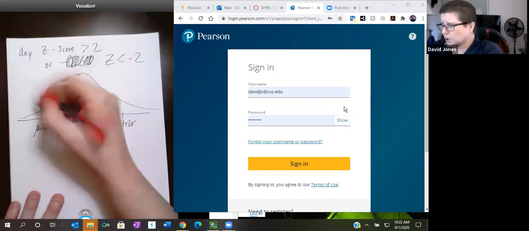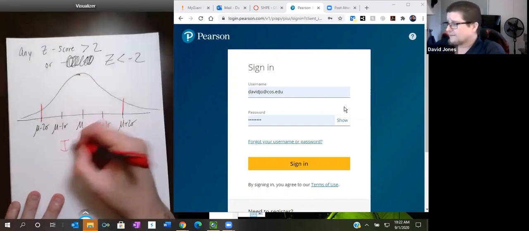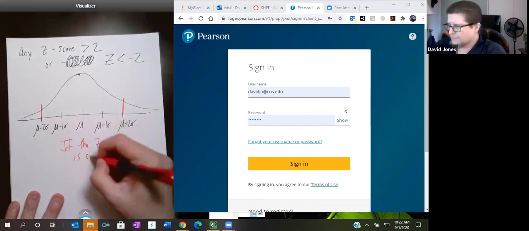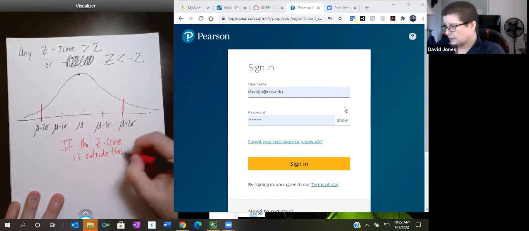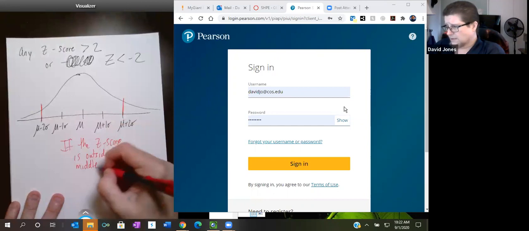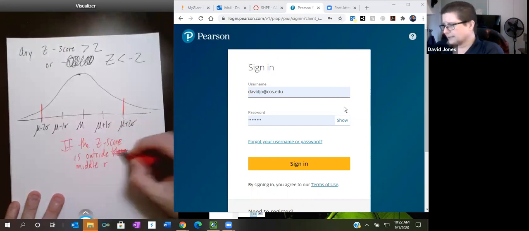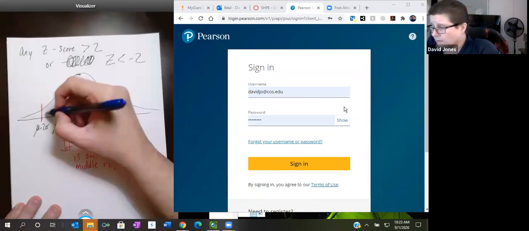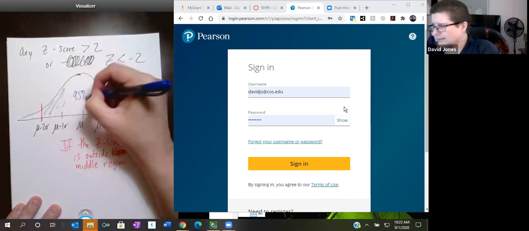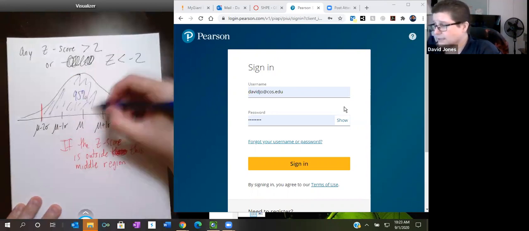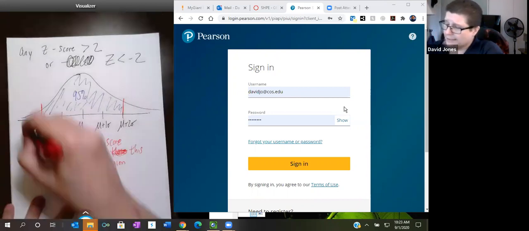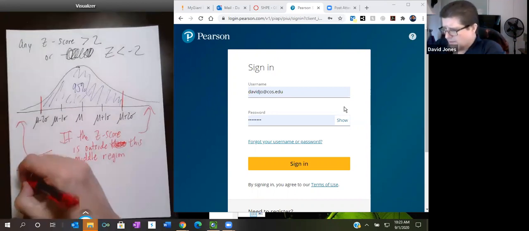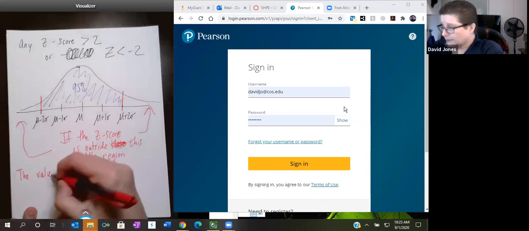If the z-score is outside this middle region, and recall, I said within 2 deviations was 95%, the z-score puts us out here.